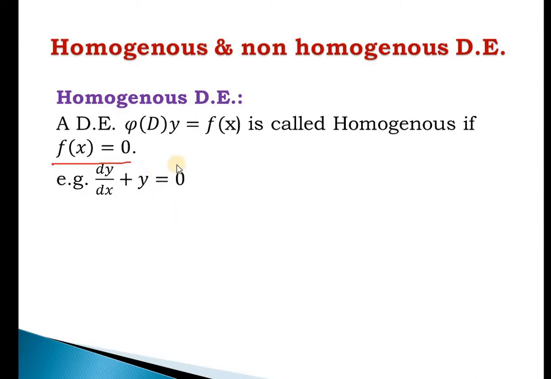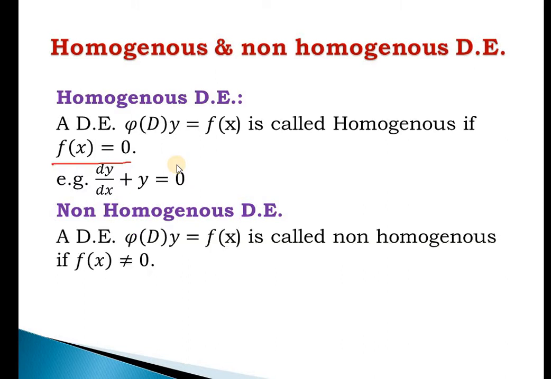The RHS term is 0, so it is homogeneous. And for a non-homogeneous differential equation, if the RHS function f of x is non-zero, then it is non-homogeneous. Here it is e raised to 2x, a non-zero function, so it is a non-homogeneous differential equation.